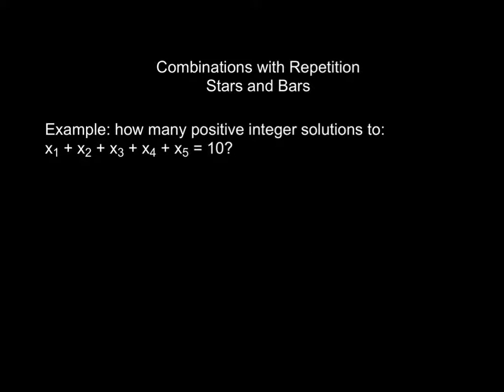Last example of a stars and bars. How many possible integer solutions to x1 plus x2 plus x3 plus x4 plus x5 equals 10? And actually, I made this example look a lot like our last one. So what we can think about is our 10 stars are going to represent 10 units.